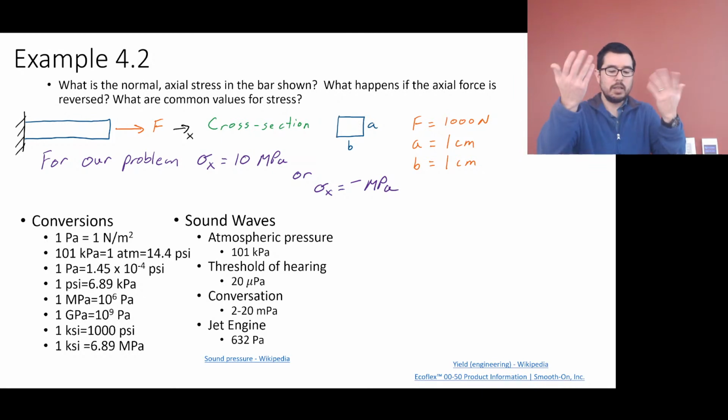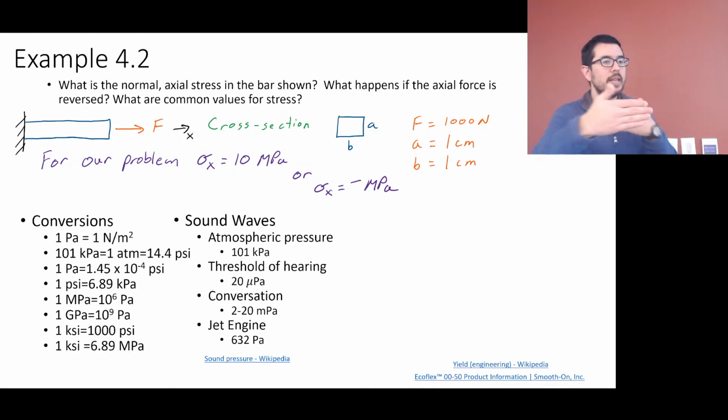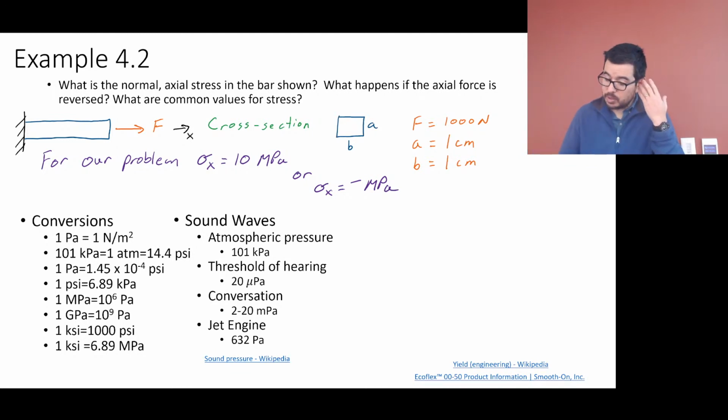If it's compressing, that might be your positive, and then when it expands, it's a vacuum, so that'd be negative. I guess that's the better way to think about it. But very small pressures.